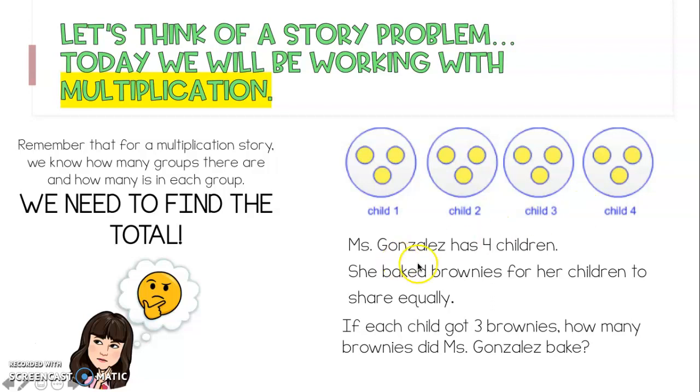So I'm going to make sure that this story problem matches with my model or my visual representation. Ms. Gonzalez has 4 children, which means that she has 4 equal groups. 1, 2, 3, and 4. Each child got 3 brownies.